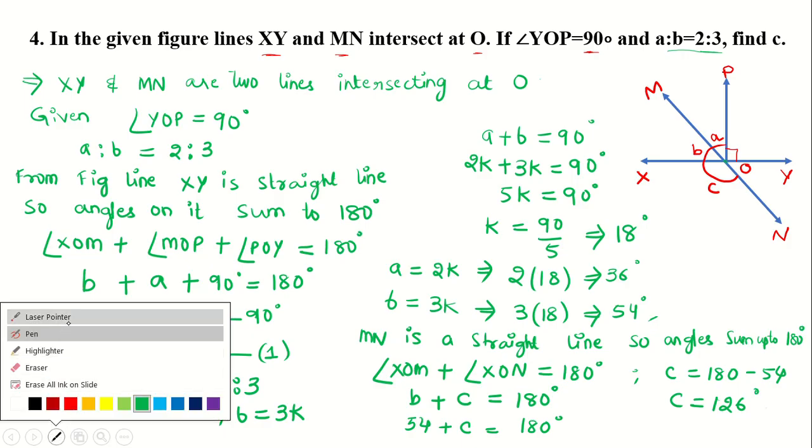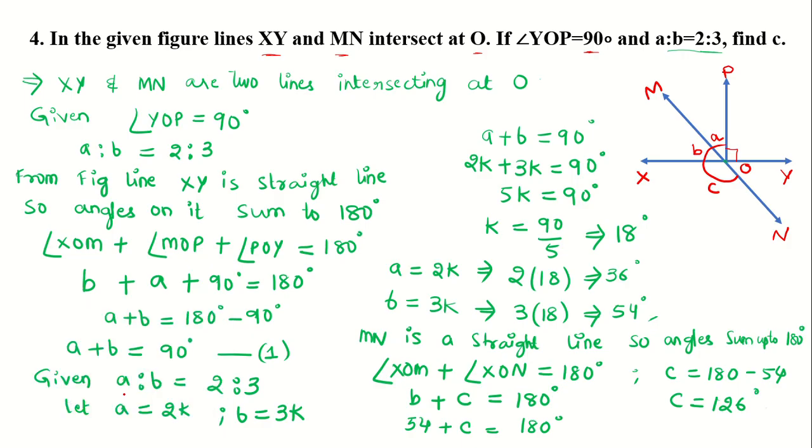So, we have found the value of C, which is 126 degrees. First, we found the value of A, then the value of B, then with the help of these two values, A and B, we found the value of C, right?